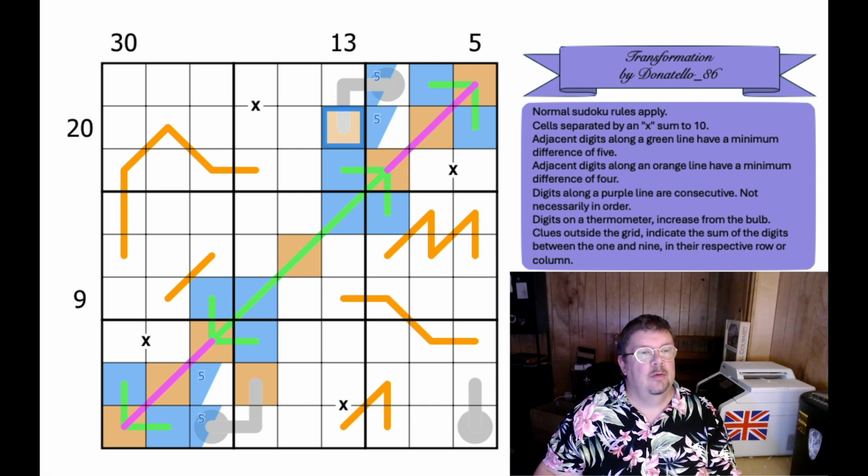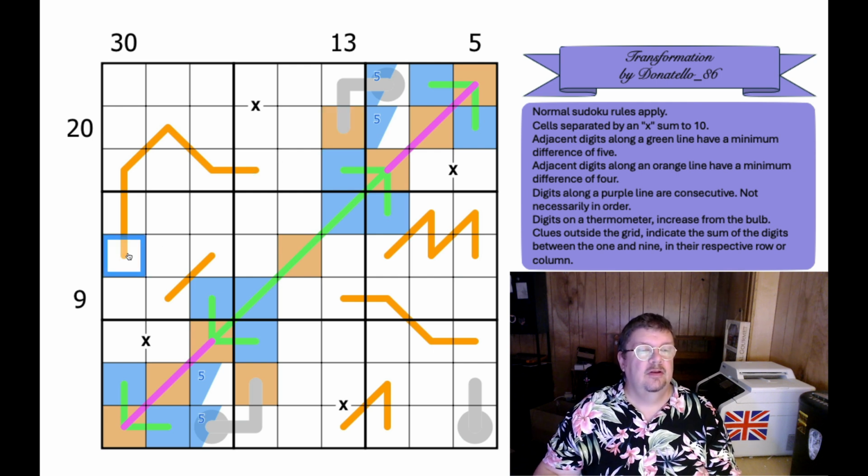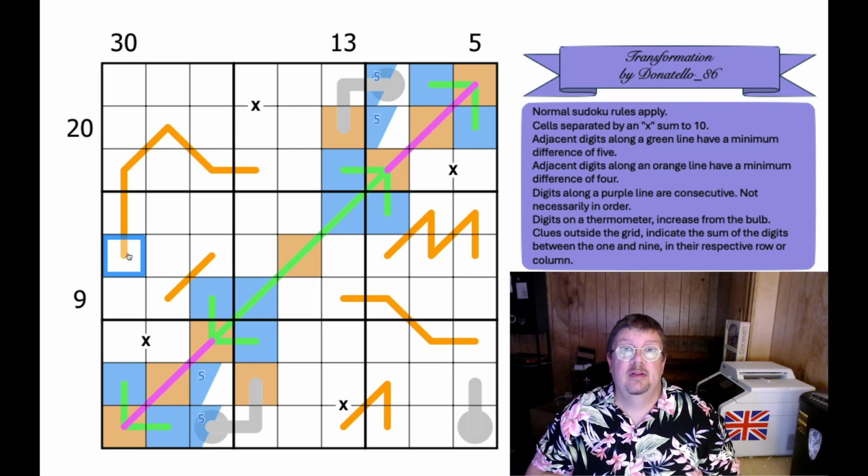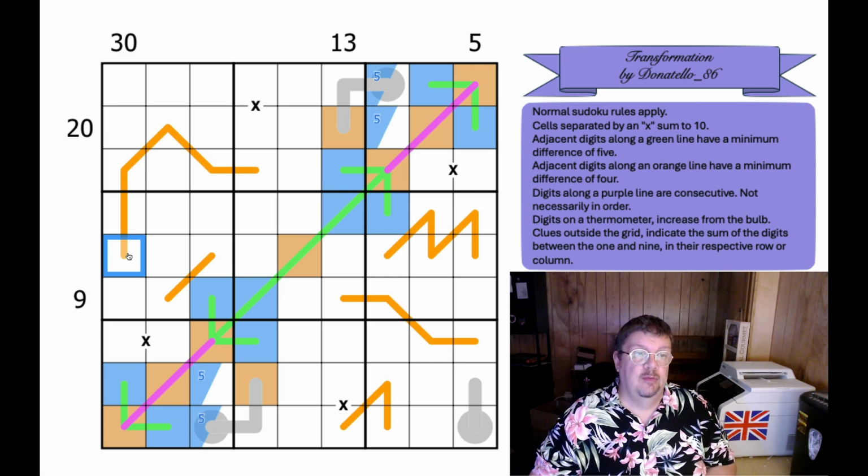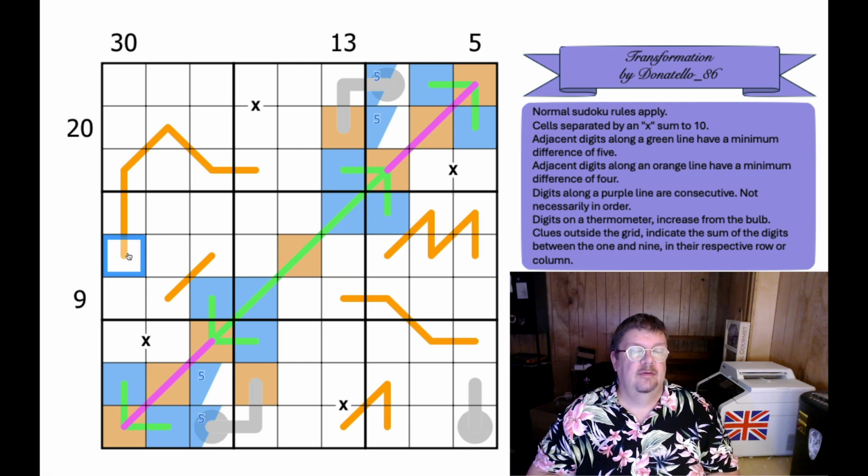Okay, are we looking at the Dutch whisper lines next? So, Dutch whisper lines behave fairly similarly to the German whisper lines, but there's one subtle difference in that 5 can go on a line, but only if it's next to a 1 or a 9.